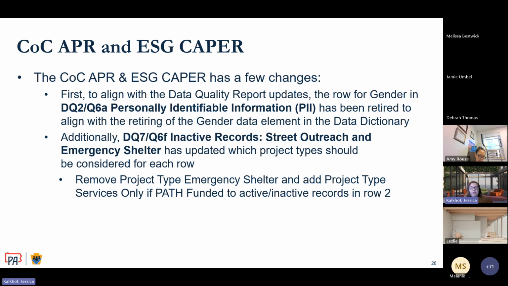personal identifiable information, has been retired, to align with the retiring of gender from the data dictionary. And similar to the last slide, the inactive record, street outreach, and emergency shelter has updated which project type should be considered for each row. So emergency shelter was removed, and services only if PATH funded was added for that specific data quality question.